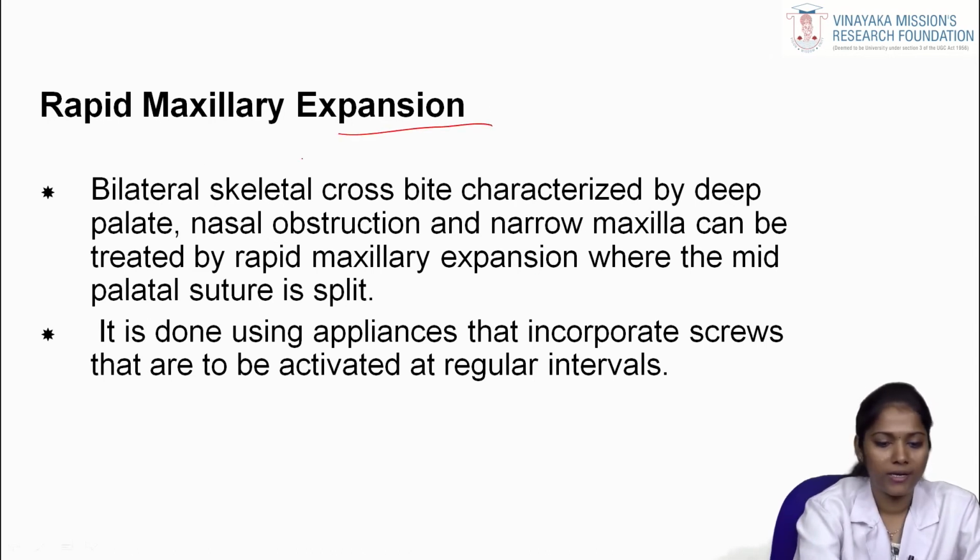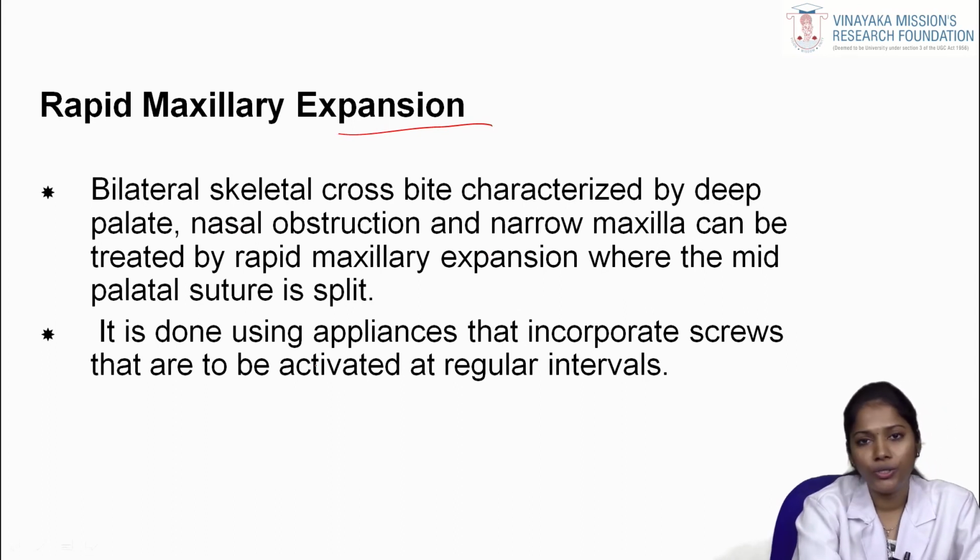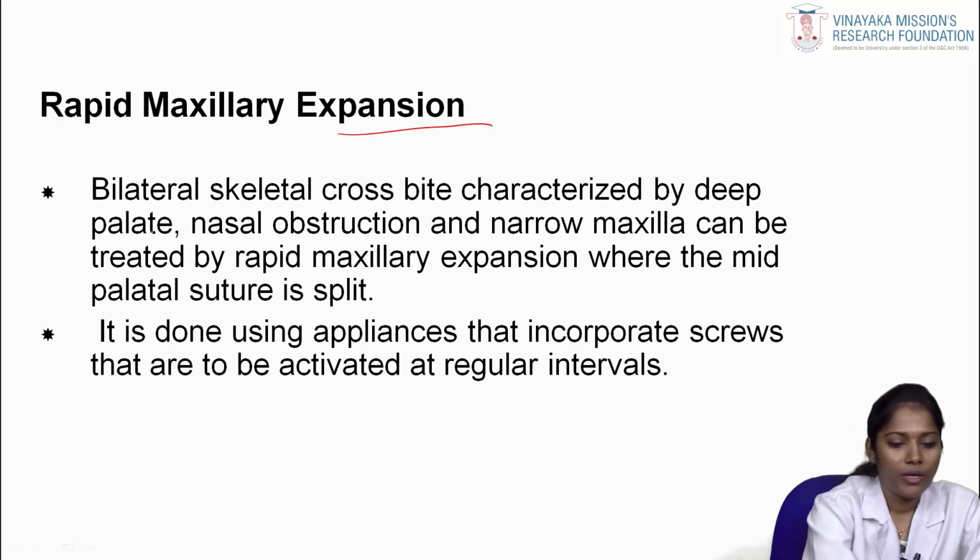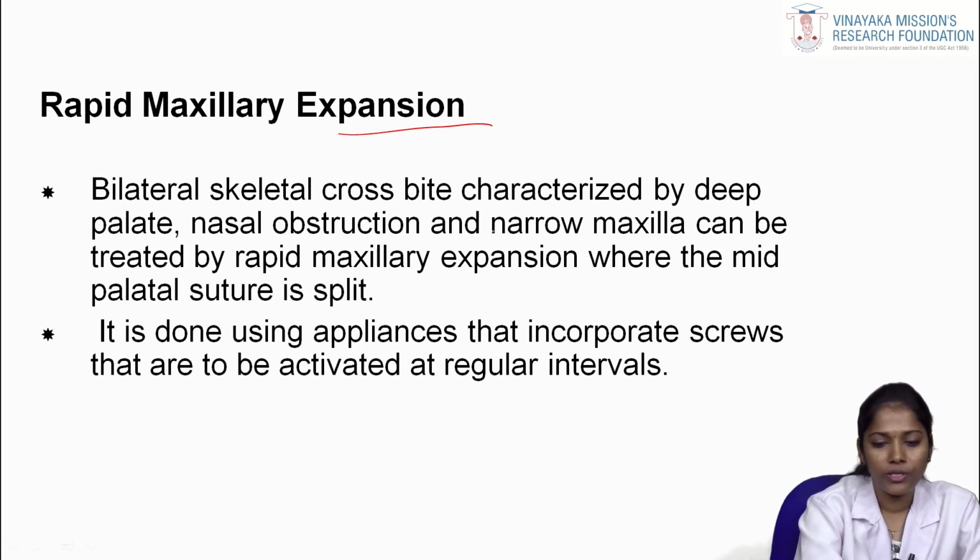This rapid maxillary expansion can be done from the mixed dentition period to the permanent dentition. Here the bilateral skeletal posterior crossbite characterized by deep palate, nasal obstruction, and narrow maxilla, all these 3 things can be corrected together by just a rapid maxillary expansion.